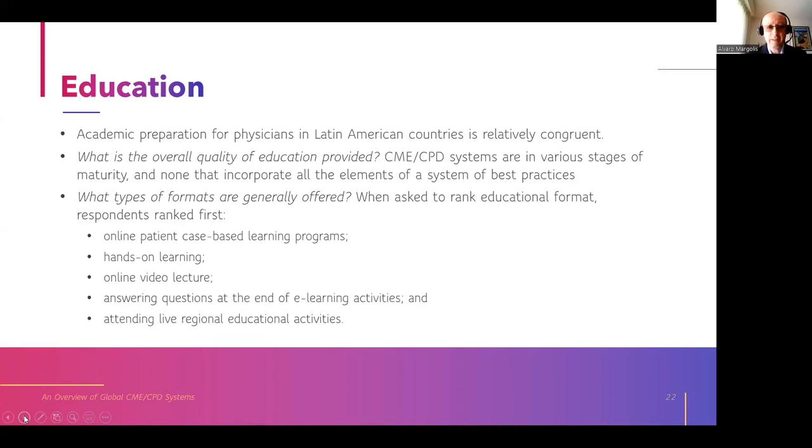The different formats were ranked in the survey that Lawrence talked about and led, and physicians liked online patient-based case learning programs, hands-on learning, online video lectures, answering questions at the end of a learning activity, and attending live regional education activities. You should know that this was done during the pandemic, so it's probably because of that that so many online activities rank on top.